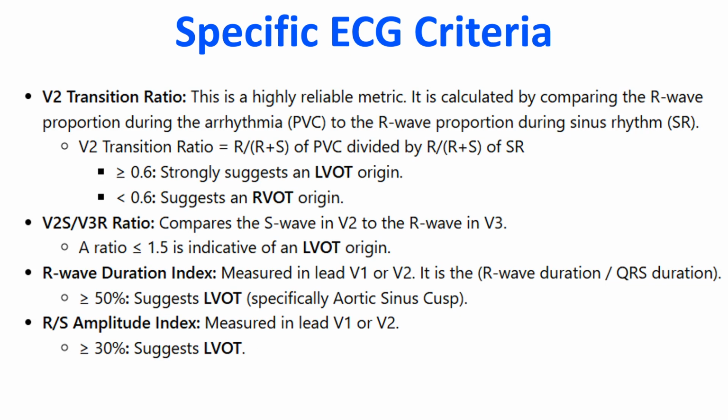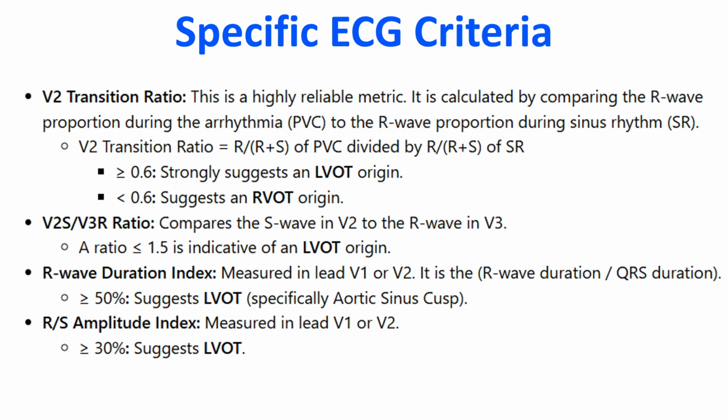When the transition occurs at lead V3, simple observation is often insufficient and specific indices are used to refine the diagnosis. V2 transition ratio. This is a highly reliable metric. It is calculated by comparing the R wave proportion during the arrhythmia to the R wave proportion during sinus rhythm.